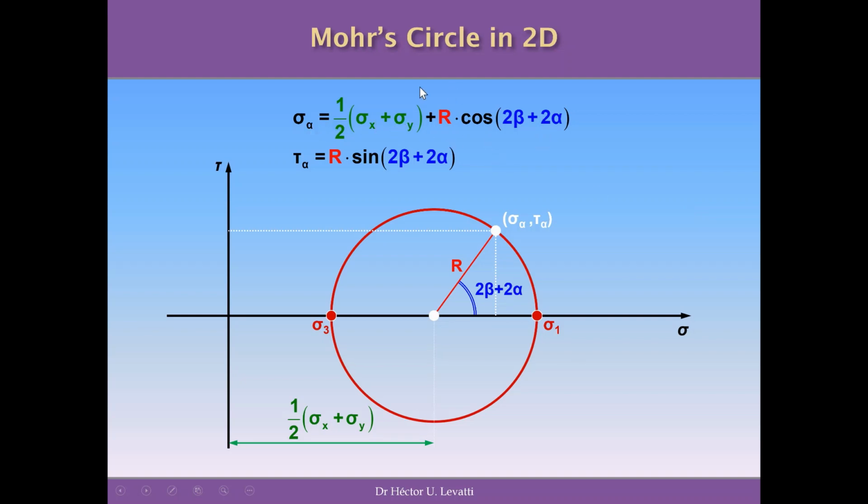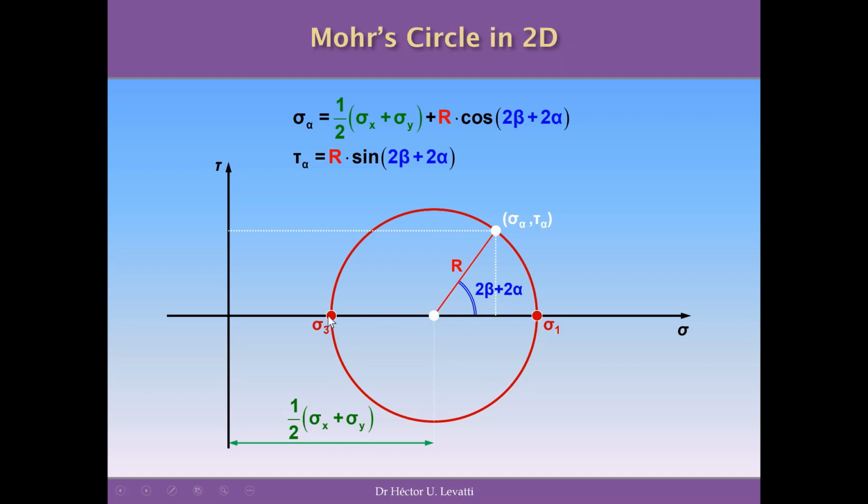So if you study the equations in more detail and you identify the radius and you identify the variables in this equation, you have the axial stresses in here, for example, and you have certain angles in here that have a meaning. You have the definition of this equation and the definition of this circle in this particular space, where the center of the circle is this value in here, which is the average of the axial stresses.